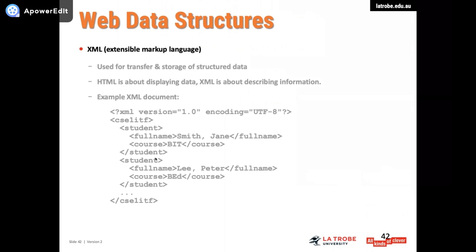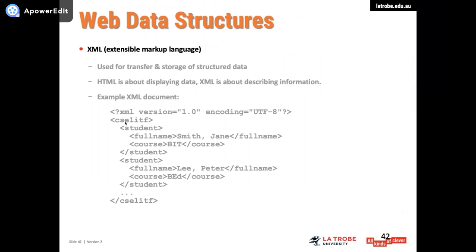Here we have the course name, CSE1ITF, our course, with different students. For each student, we have the full name of the student and which course this student is from, and we can continue to have the whole list of students enrolled in this subject CSE1ITF. That makes the difference between XML and HTML.